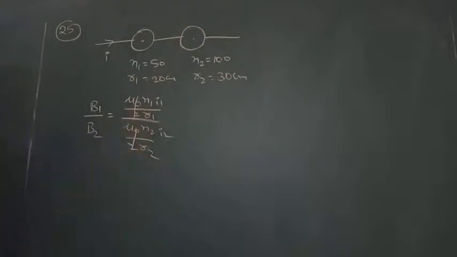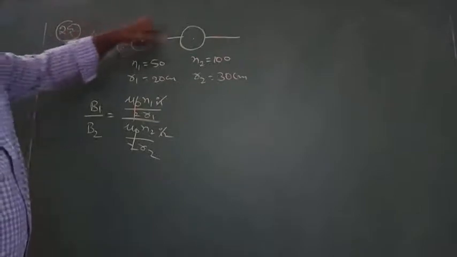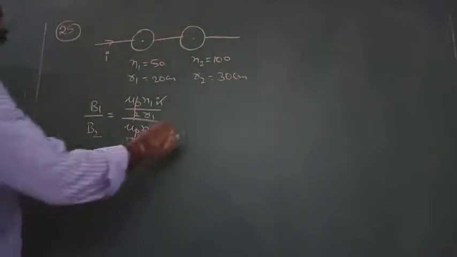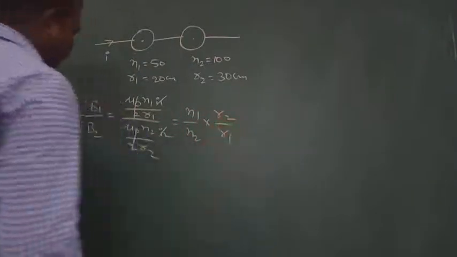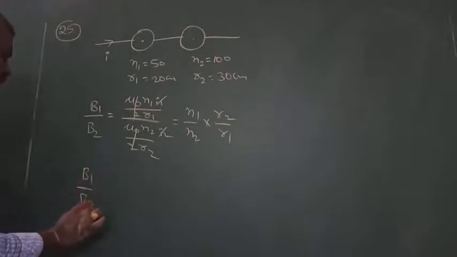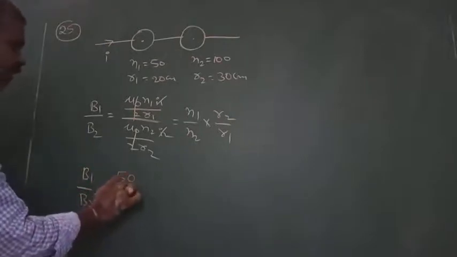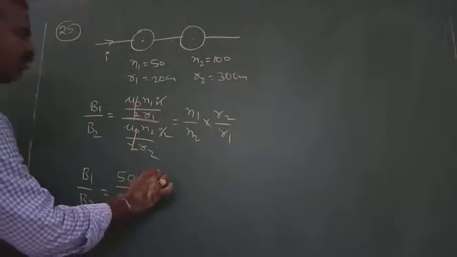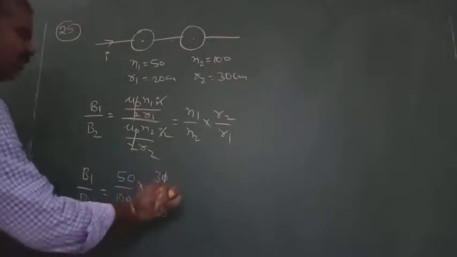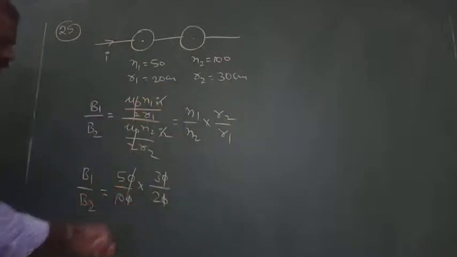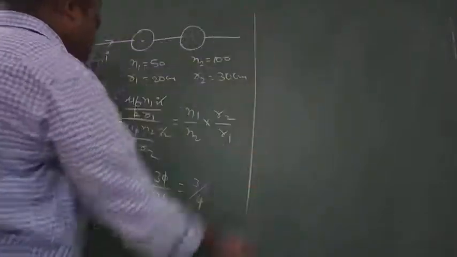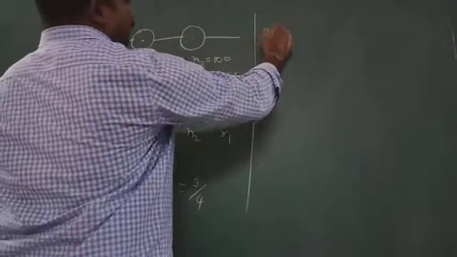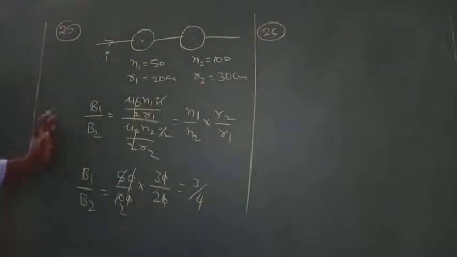Mu naught by 2 gets cancelled, and I1, I2 also get cancelled because the same current flows. Then it is N1 by N2 into R2 by R1, which is 50 by 100 into 30 by 20. Centimeters get cancelled, so it is 1 by 2 into 3 by 2. The ratio of their magnetic inductions is 3 by 4.